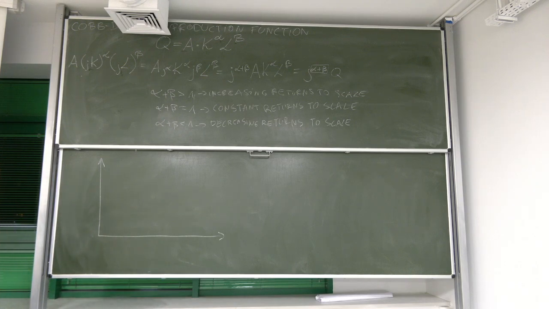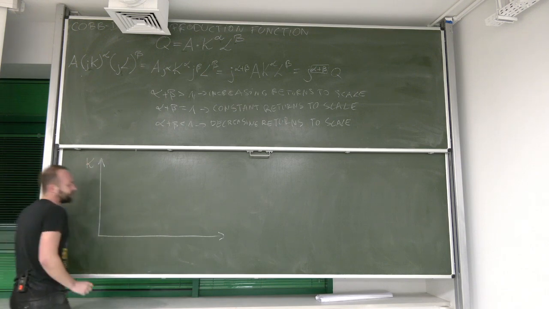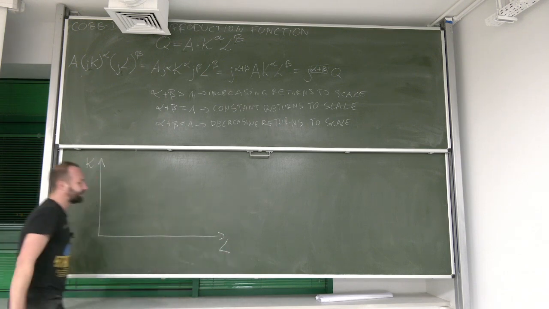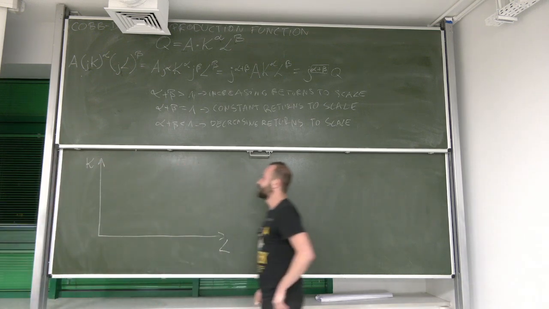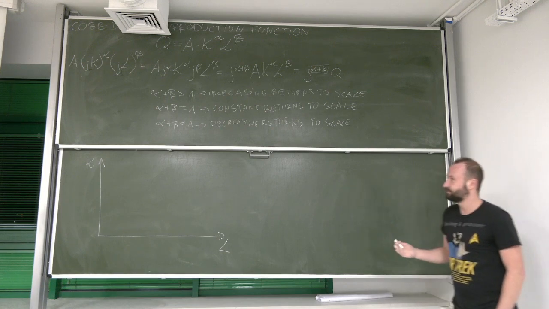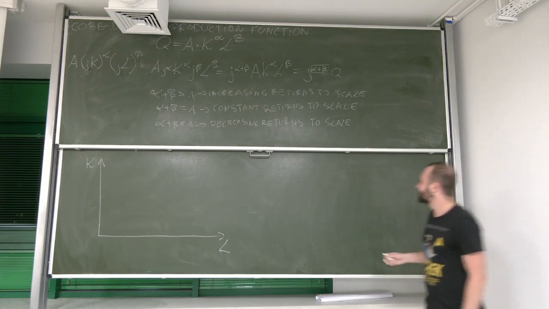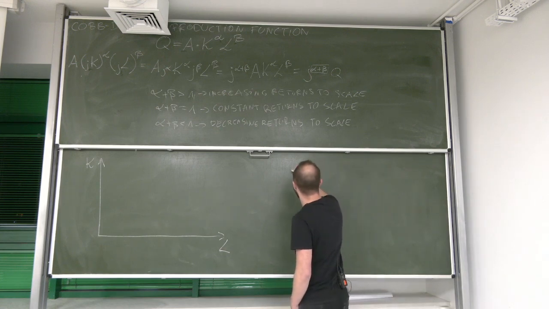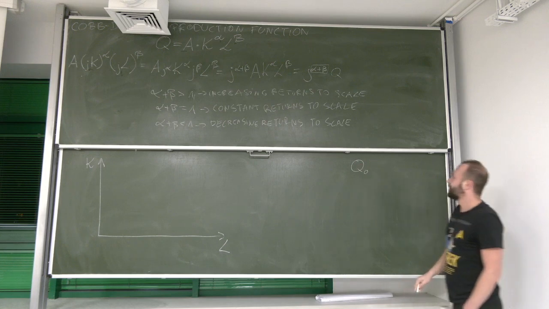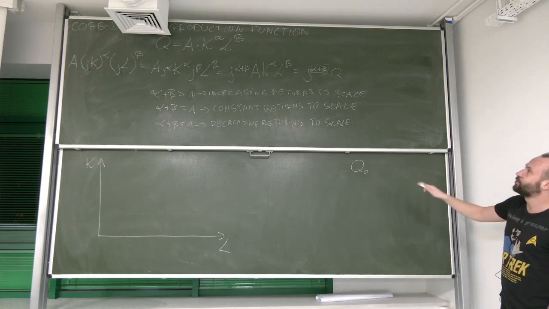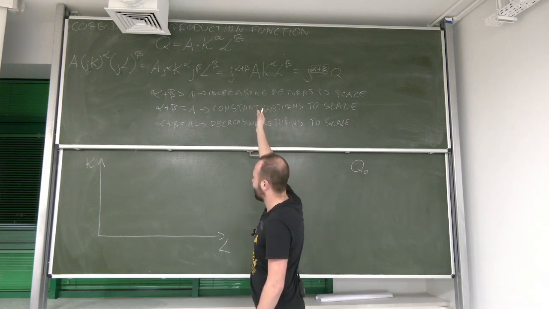So from perspective of the company, the company can choose between combinations of labor and capital in order to produce certain level of production, right? Let's just say that a given company wants to produce Q0 output. And look, in order to do it, they can use different combinations of capital and labor.